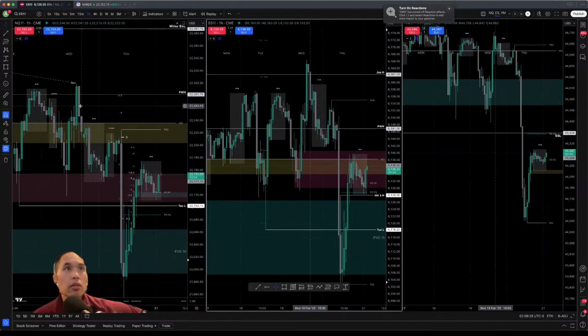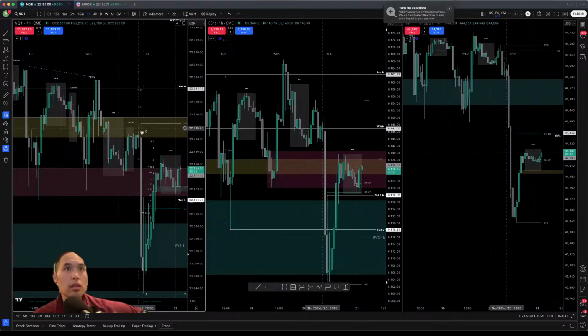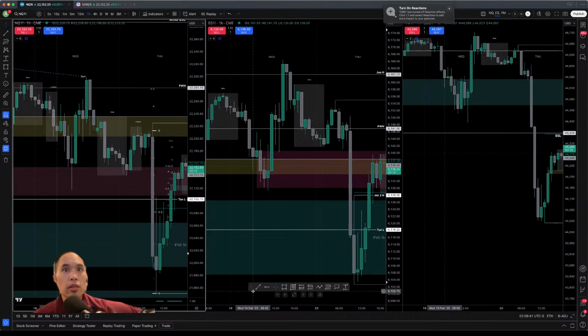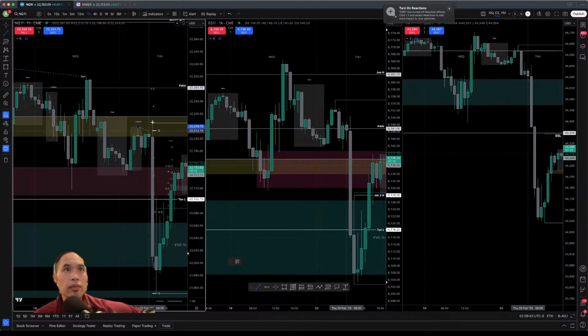And then waking up, we had this SMT as well. ES took the 5 o'clock candle, and NQ left the 5 o'clock candle. So another SMT.